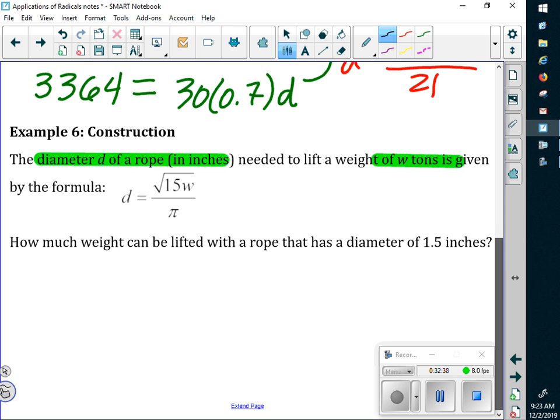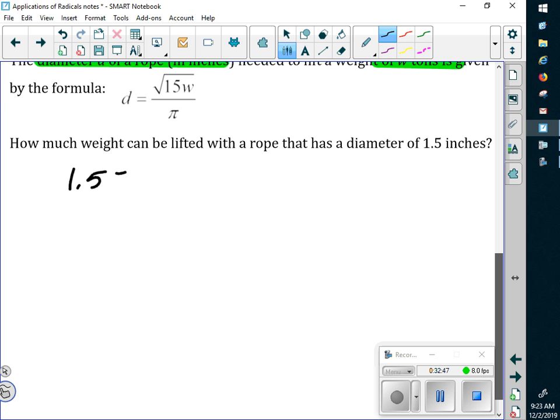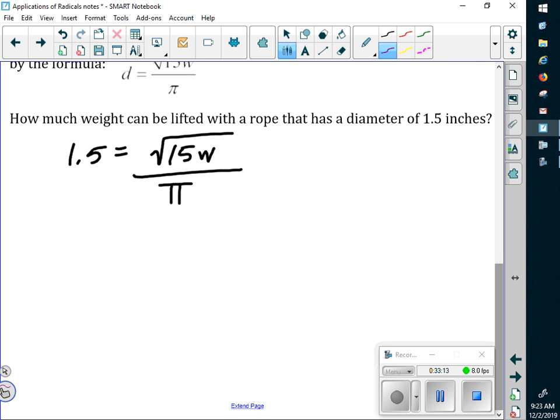1.5 equals. Is pi under the square root? No. I can, but what about this pi?